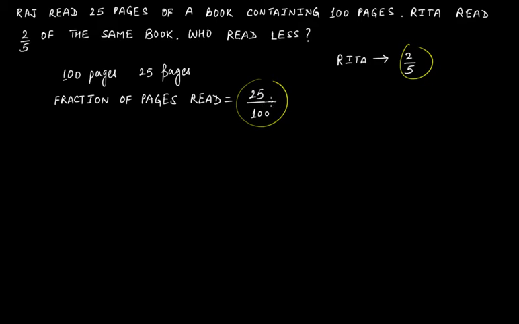How? If you look at 25, then you can see that 25 is actually a divisor of 100, right? If you remember, when we want to simplify any fraction, we always try to find out the highest common factor of the numerator and the denominator.